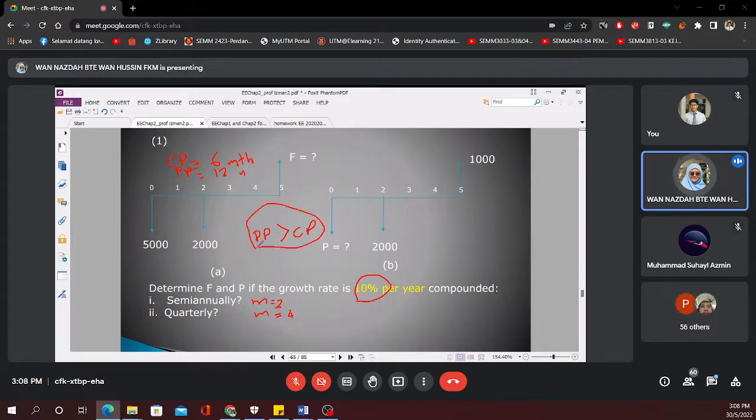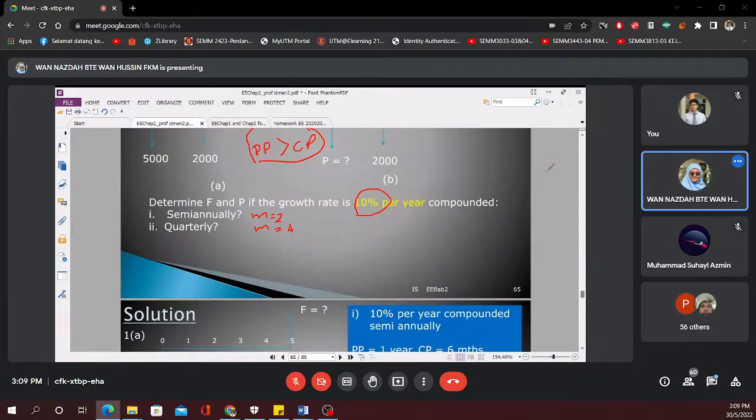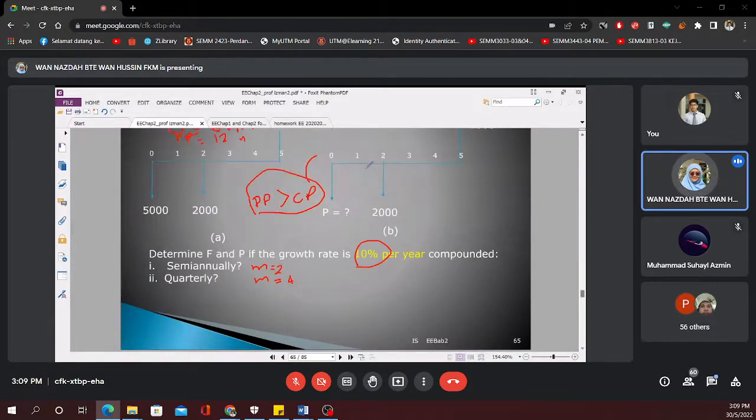For payment period greater than compounding period, you can use method 1 or method 2. In method 1, you can use the nominal interest rate to calculate F, or I effective. I would prefer to use I effective. So you need to calculate the I effective for M equals to 2 and I equals to 10, and find F at N equals to 5.